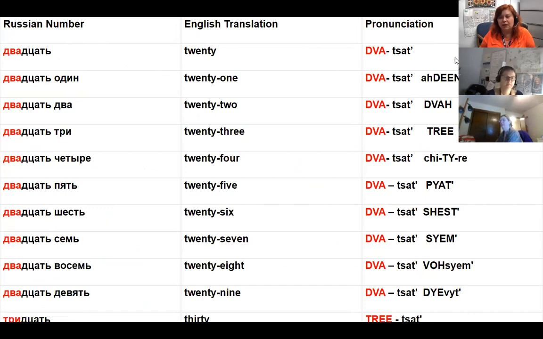As you see, we have the root of the word два, and then we add цать. That means tenth. So 2 plus 10 and the other number, and you will get the compound number.